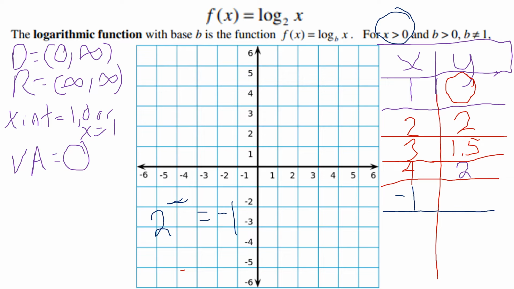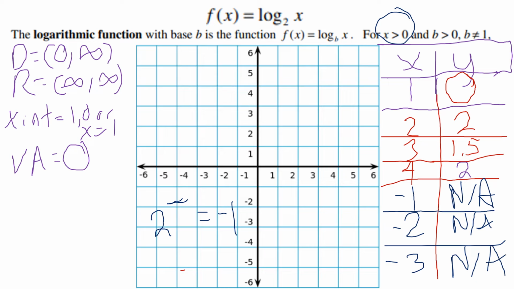Otherwise, it doesn't happen, because 2 to what power gives you -1? You can't think of any. So does it exist? -2, does it exist? -3, does it exist? It just keeps going and going just like that.